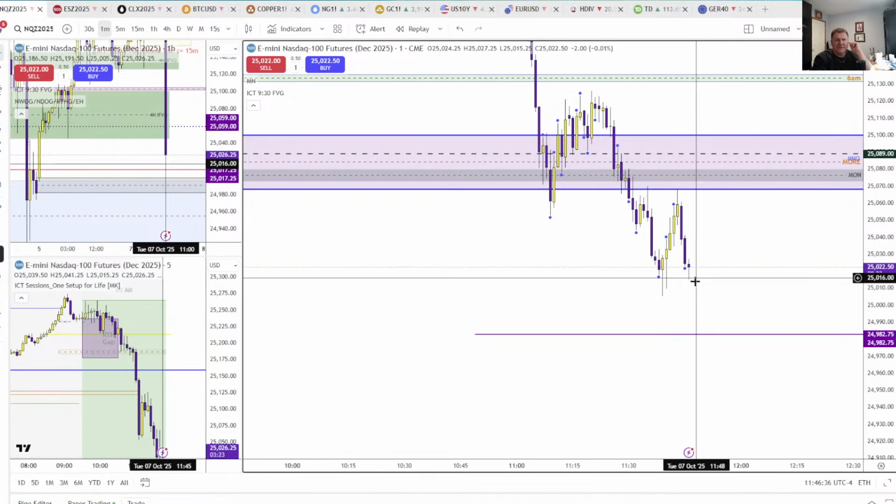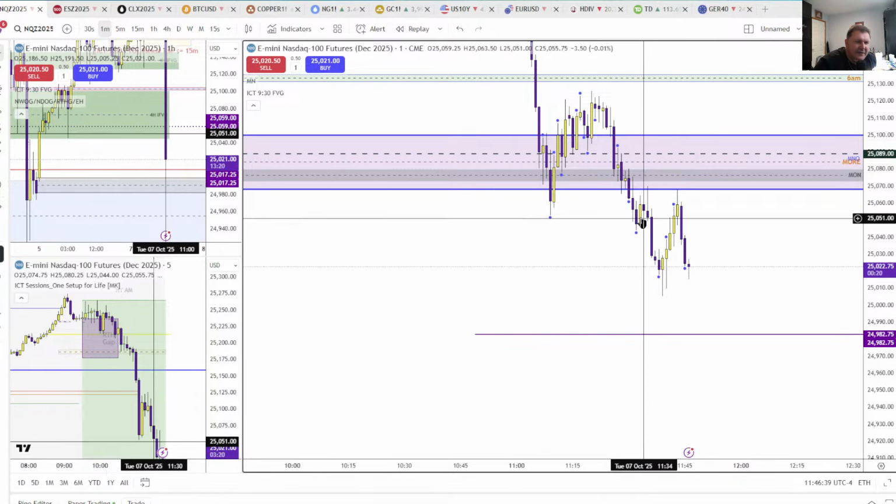No body above here yet. I want to see this drive down here now. Our bull trap's holding.